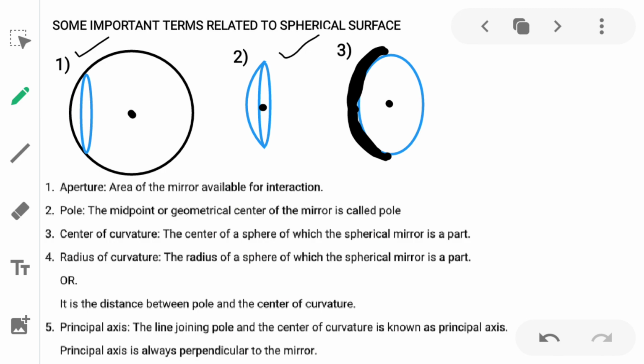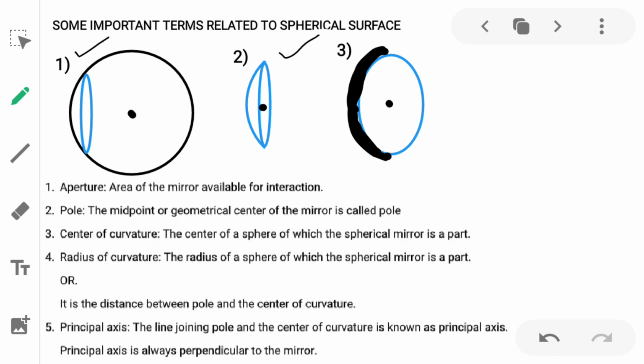Pole is the midpoint of the spherical mirror, or you can say it is the geometrical center of the mirror. You can consider the example of an open umbrella.